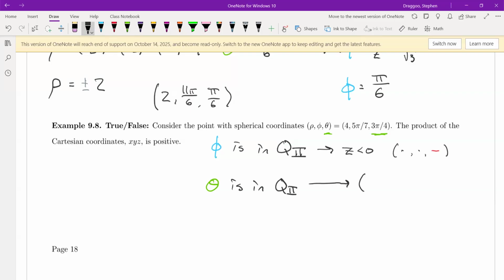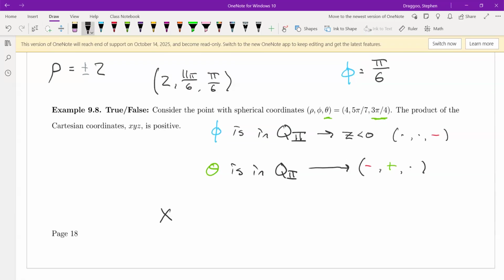So I'm looking at a point that goes negative, positive, something. Because theta is just going to tell me the sign of x and y, but it won't tell me anything about z.